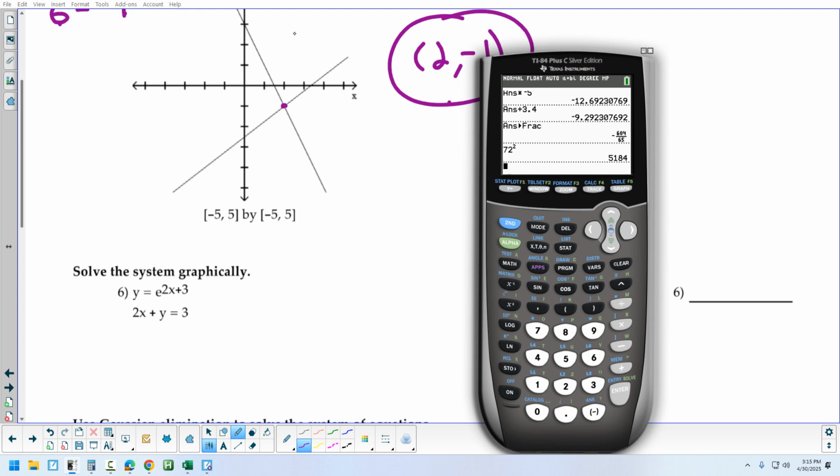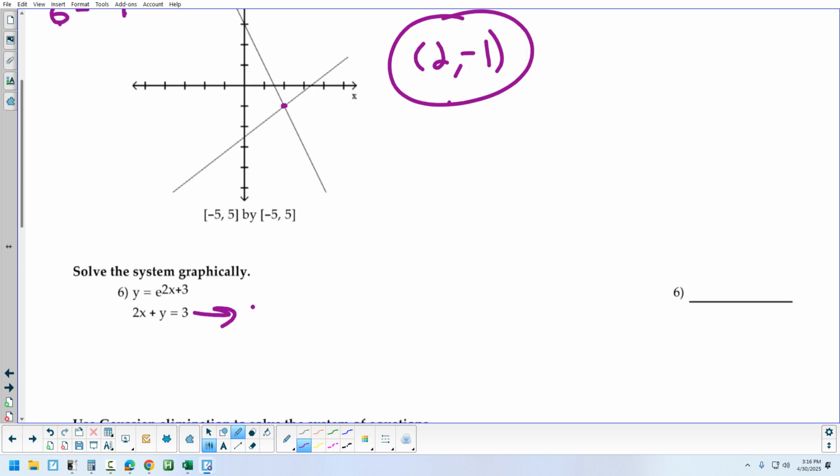Could you make it so the y at the bottom is on its own side? Yeah, we could get y by itself in the bottom. If you did that, what would this turn into? y equals 3 minus 2x, or -2x plus 3.